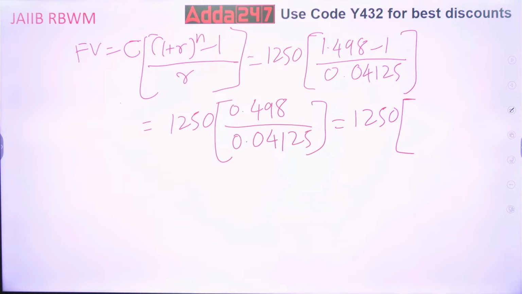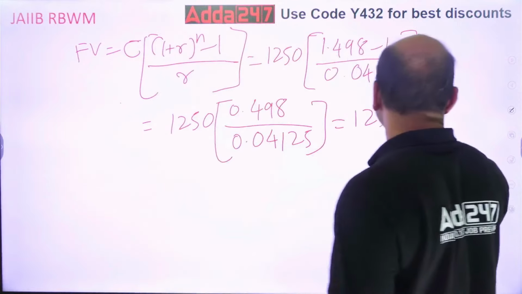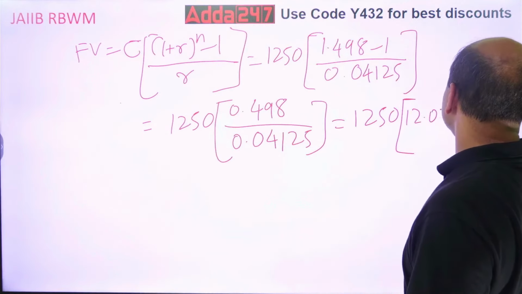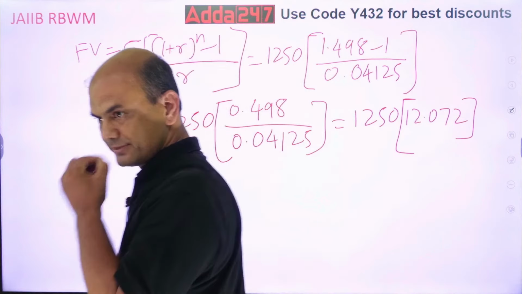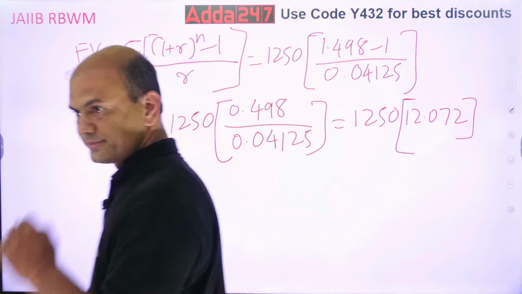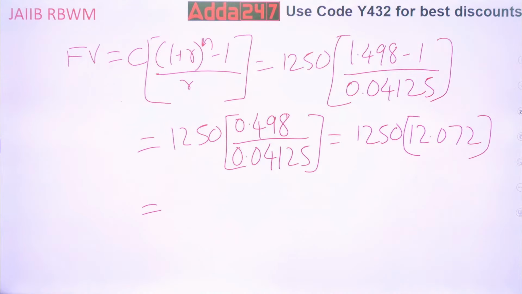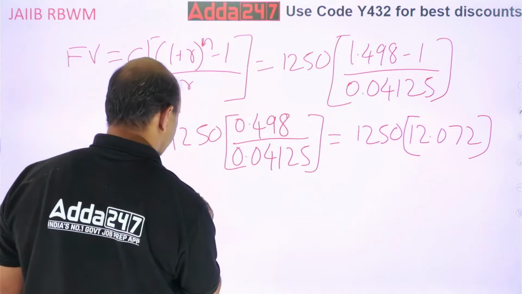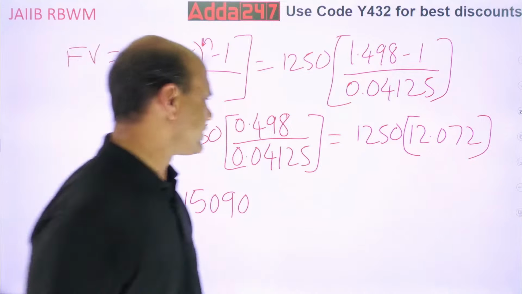Multiply this by 1250. What are you getting? 15,091 or 15,090, depending on the points you will get. So make it round. Keep it simple. So 15,090 is the answer.